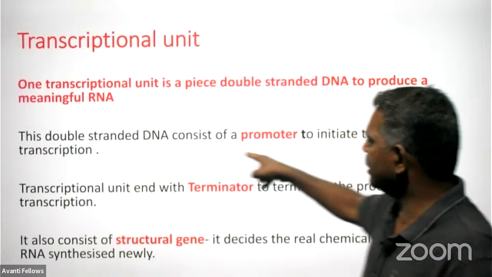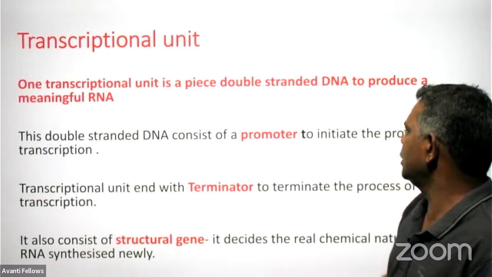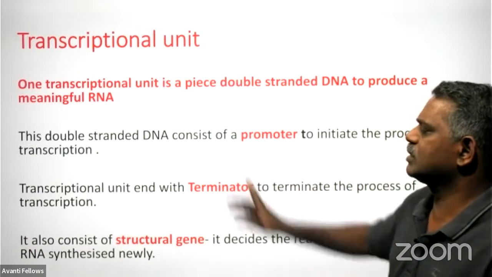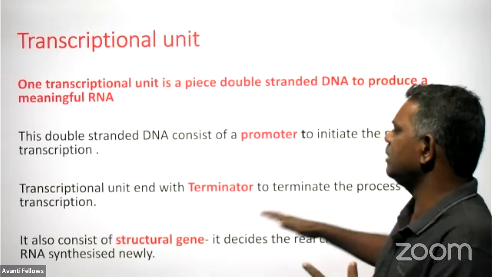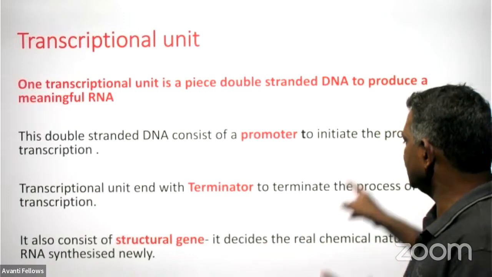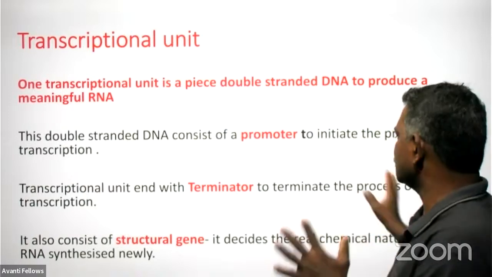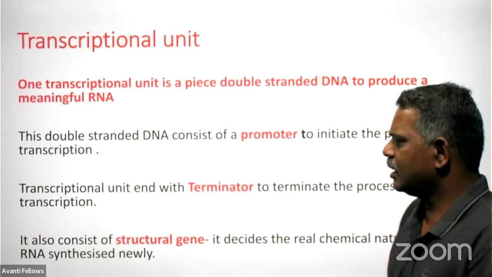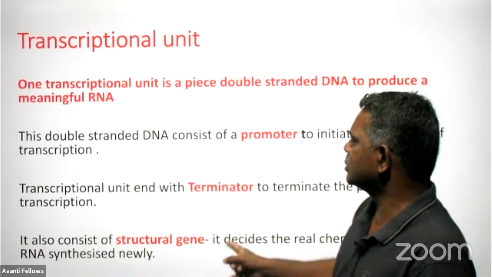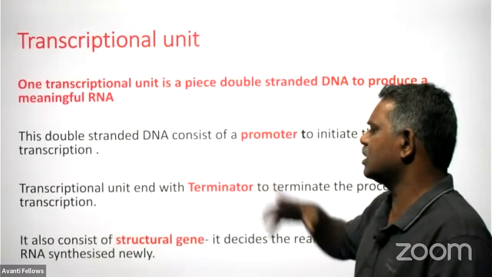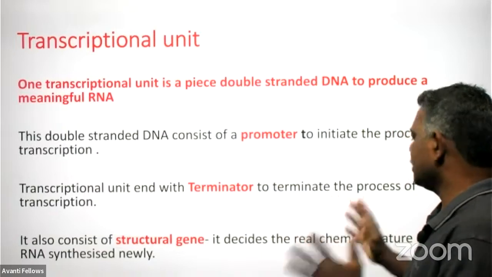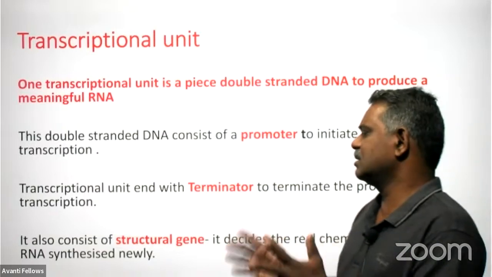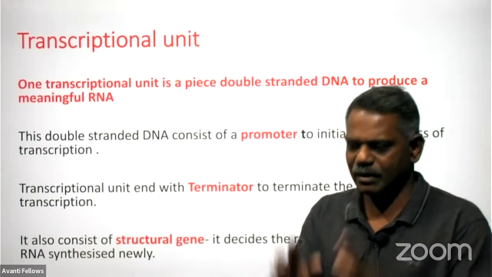See, double-stranded DNA consists of a promoter to initiate the process of transcription, as I told you, and the transcription unit ends with the terminator, to stop the process of transcription, and also consists of a structural gene between the promoter and terminator, and that only decides the real chemical nature of the newly synthesized RNA.